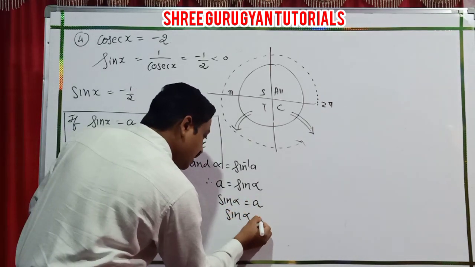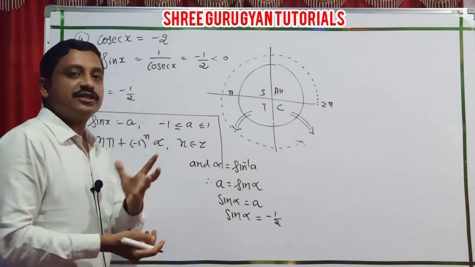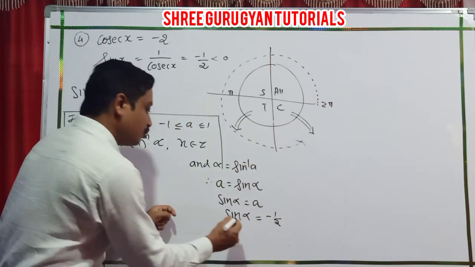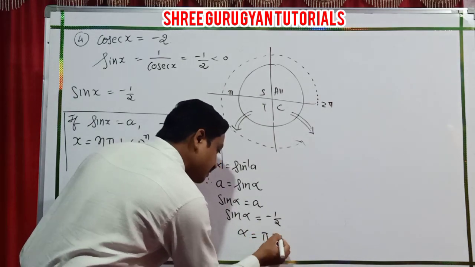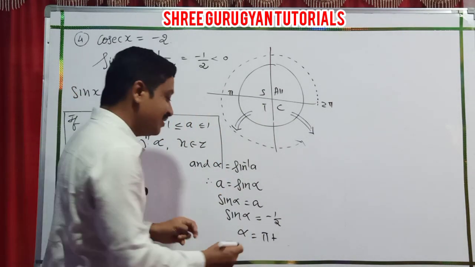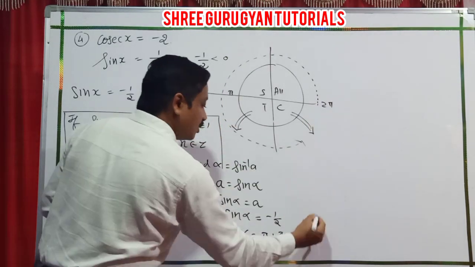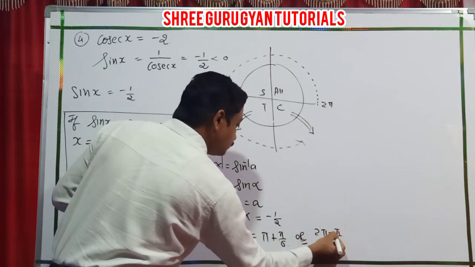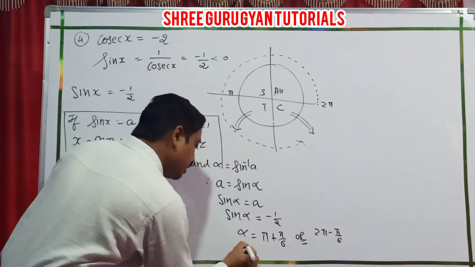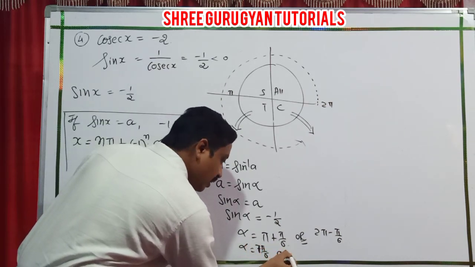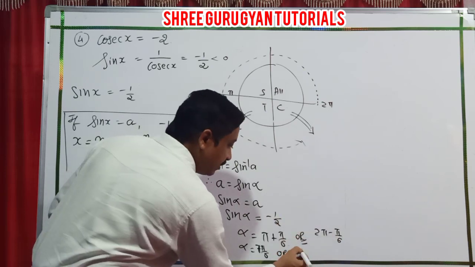Yes students, now I go to my principal solution. Sine is negative in the third quadrant and fourth quadrant. So my answer is pi plus pi by 6, since sine is half at 30 degrees. Otherwise, take 2 pi minus pi by 6. So my answers are 7 pi by 6, or 12 minus 1, 11 pi by 6.